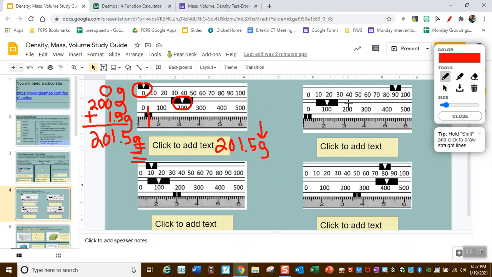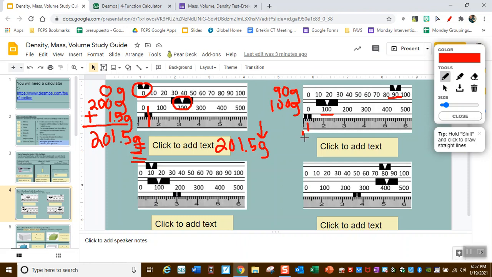All right, let's do one more together. Here we have these 3 numbers, okay? Let's do that one right there, right? So we have 90 grams. We have 100 grams. And this is 1.2, okay?